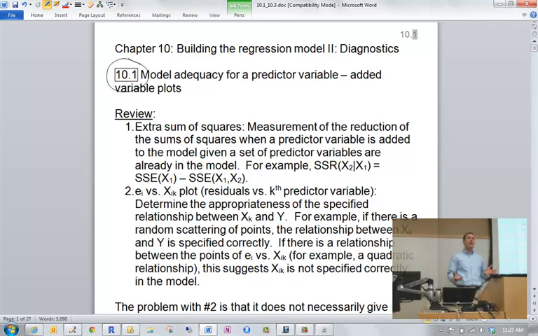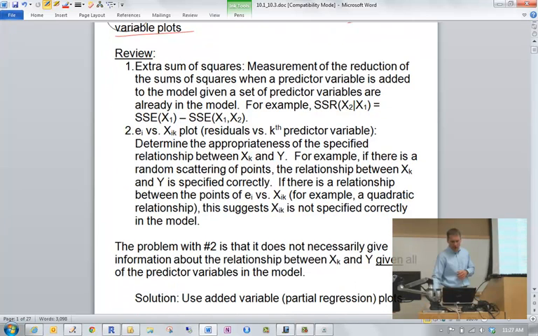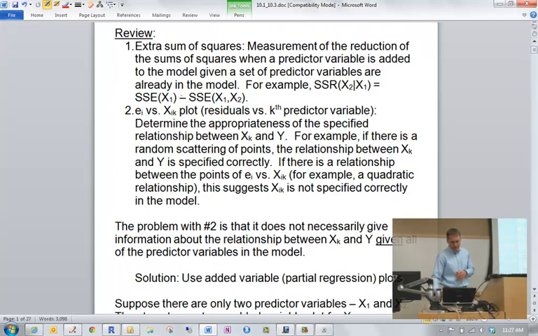Do I need, for example, a quadratic term? One way to make that determination is with what are called added variable plots. Some people also call these partial regression plots.